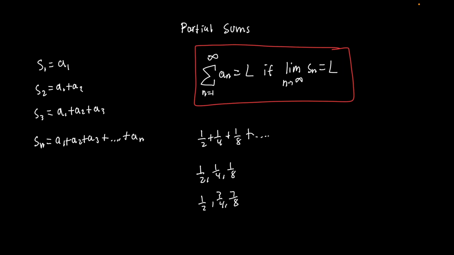You're probably asking where I got this from. I just did it in my head. Remember, a partial sum is whatever number of terms you're looking at, you just add those terms. For example, for S sub 2 right here in red, if you want the sum of the first two terms, you add the first one and the second one. I just went ahead and did that and wrote them here to show you that terms and partial sums are two different things. So don't get confused.